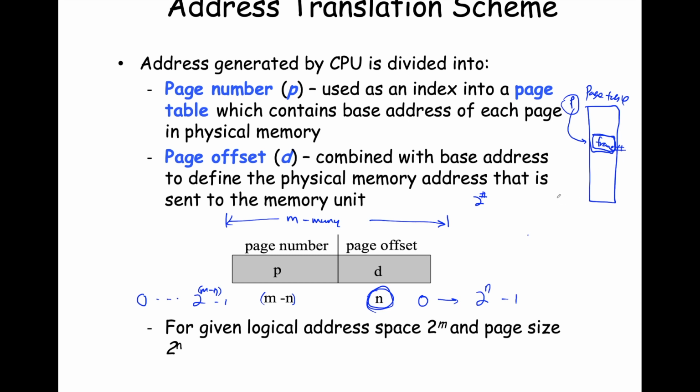For a given logical address space, you're going to have 2 to the m as the size of the logical address space, but those 2 to the m addresses are each going to be a certain offset within a certain page number in your program. And your page size is going to be 2 to the n total, because that page is some number of offsets labeled from 0 to 2 to the n minus 1.